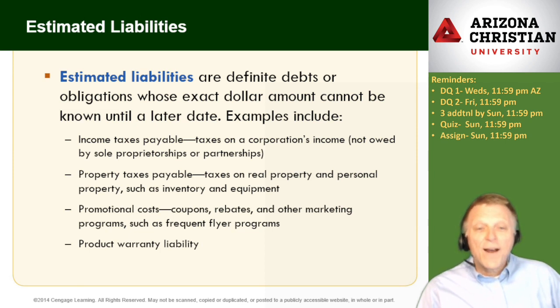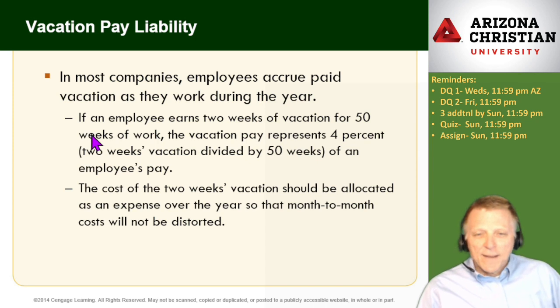So they are estimated. Another liability that businesses have to keep track of is vacation pay. You may not know this, but your employer keeps track of a liability, hopefully they do, called vacation pay. It's another type of estimated liability. Now in most companies, employees accrue paid vacation as they work, like your PTO.